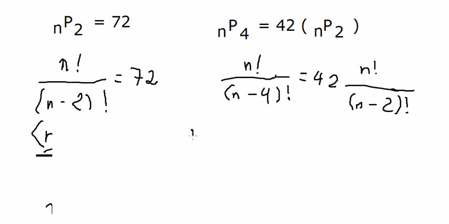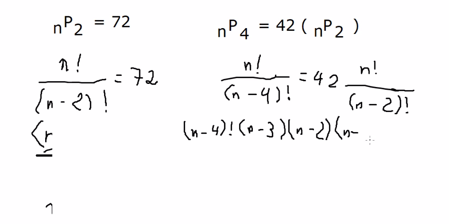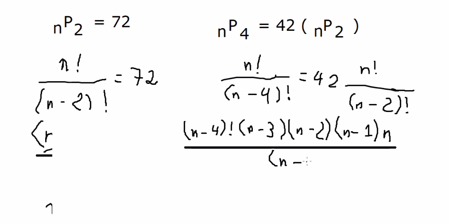So we put n minus 4 factorial multiplied with n minus 3, n minus 2, n minus 1, n, over n minus 4 factorial.